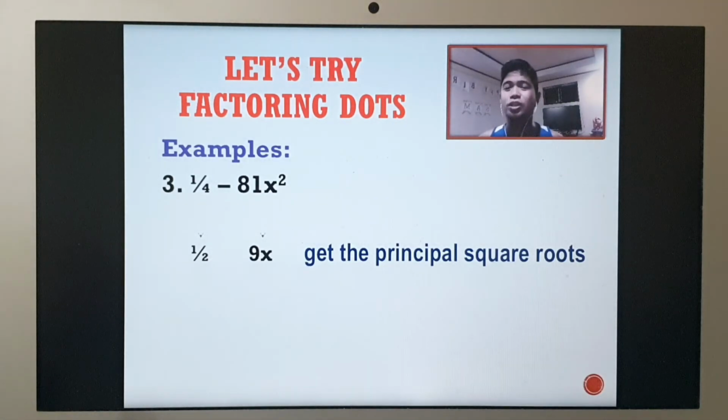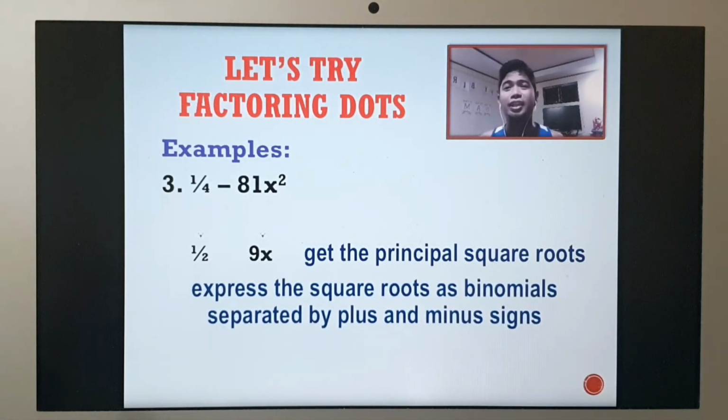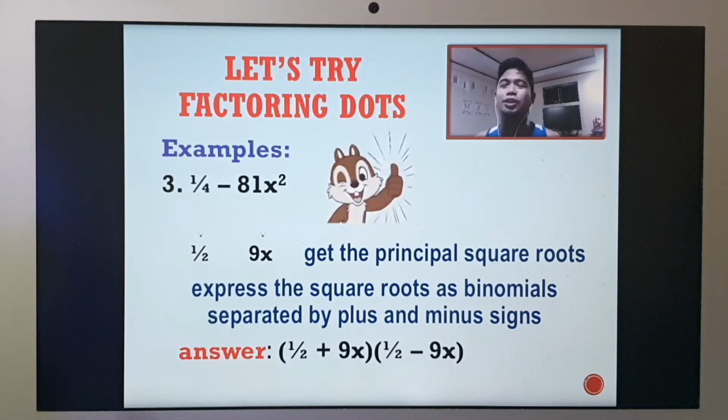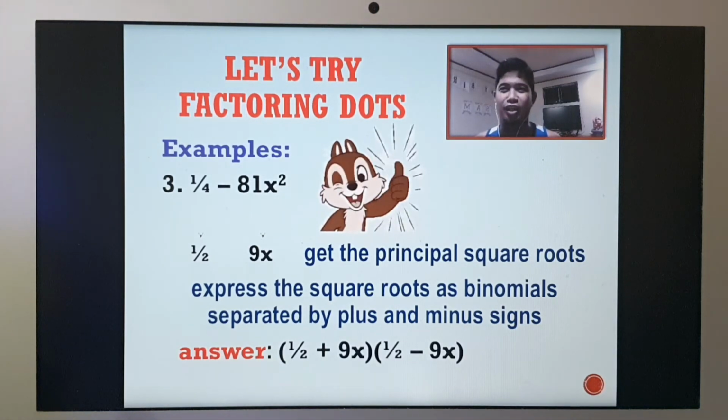Then we make use of these square roots and write them as binomials separated by plus and minus signs. Therefore, the factored form of 1/4 minus 81x squared is the quantity 1/2 plus 9x multiplied by the quantity 1/2 minus 9x. Perfect! You understood the process correctly. Kudos to everyone.